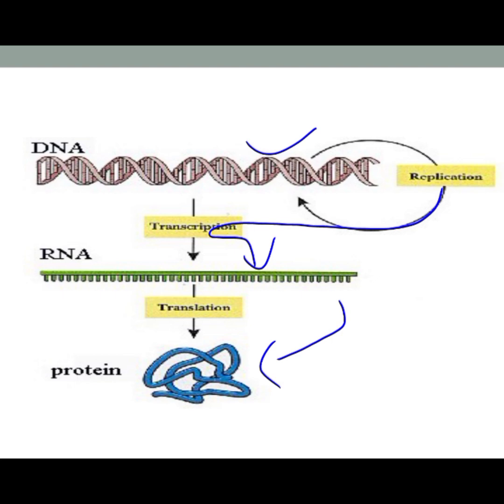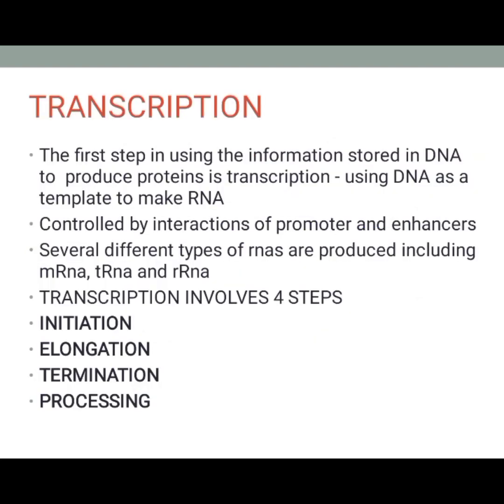This is the process. Transcription is the first step in using the information stored in DNA to produce proteins. In transcription, DNA is used as a template to make RNA. So from DNA, RNA will form. DNA is the main structure, from that RNA will form. From RNA, our protein will form.